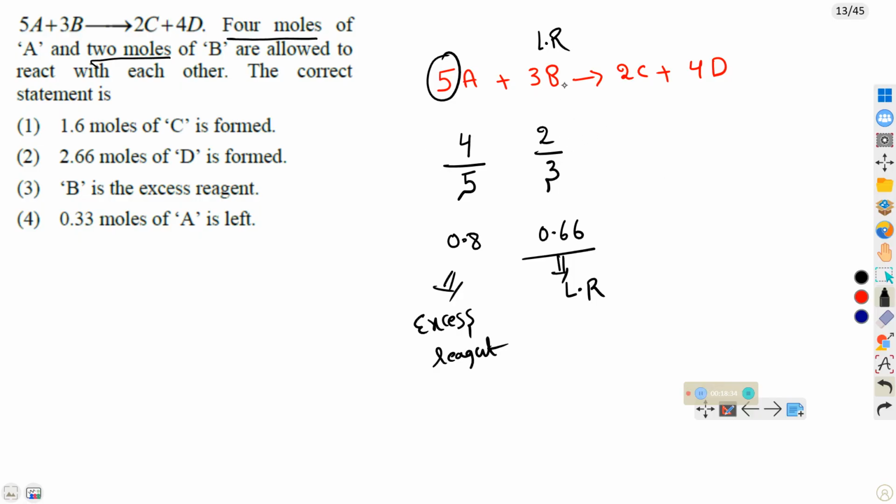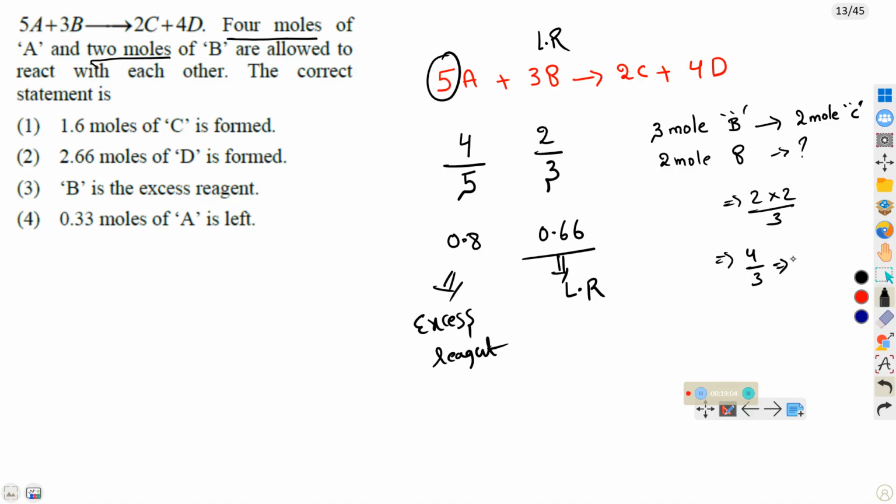So formation of product. First option, 1.6 moles of C is formed. According to this equation, 3 moles of B gives 2 moles of C. Then 2 moles of B gives how many moles of C? 2 into 2/3, 1.33.